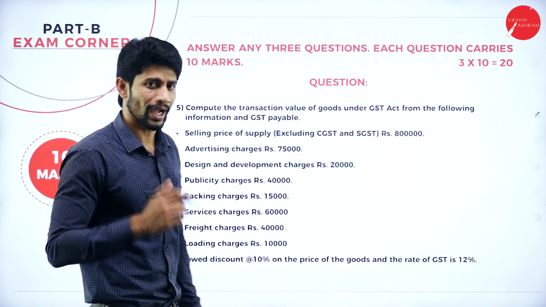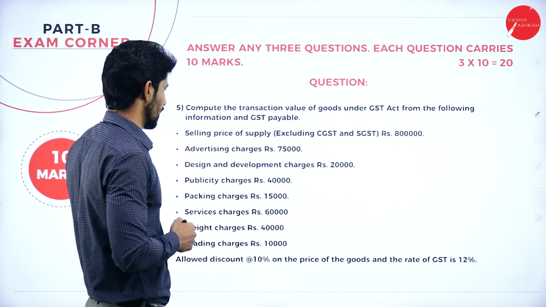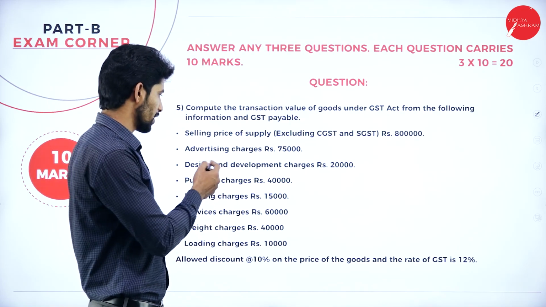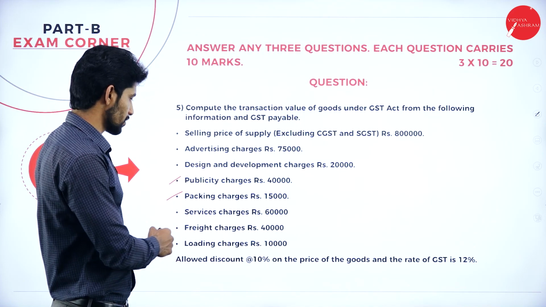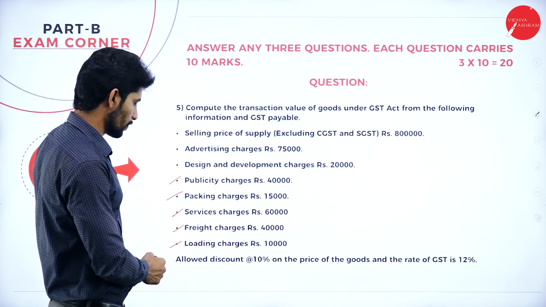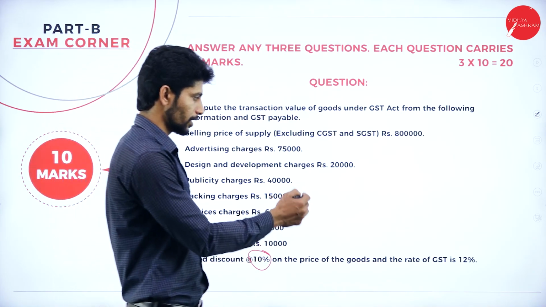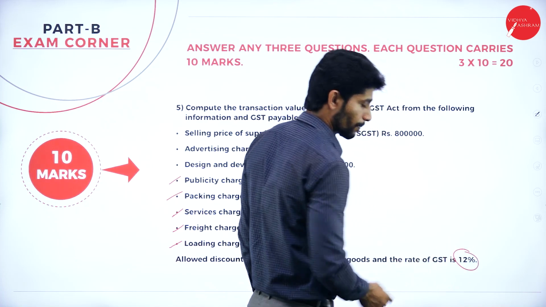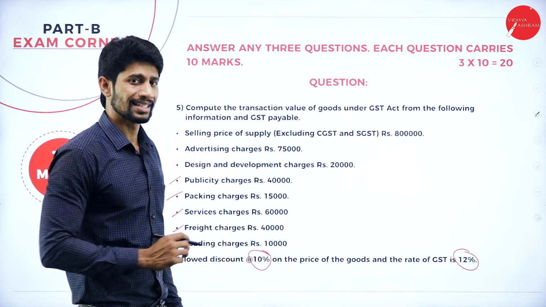Selling price of supply is given, that is rupees 8 lakhs. Advertising charges, design and development, publicity, packing charges, service charges, freight charges and loading charges are given, and discount allowed is 10%, and the GST applicable is 12%. By using this information, you are supposed to find out the value of supply.